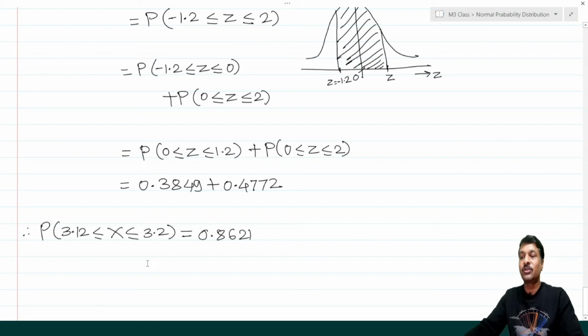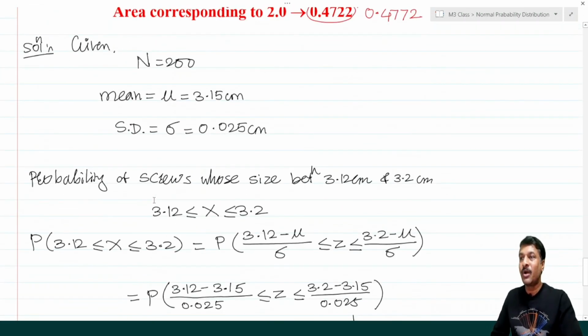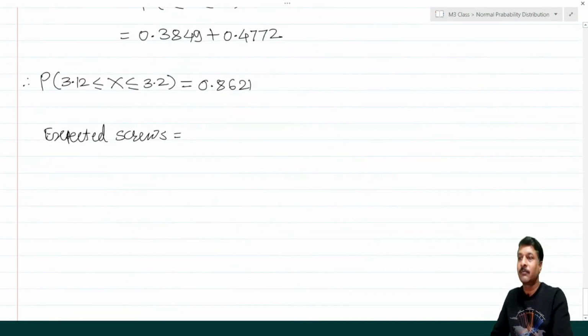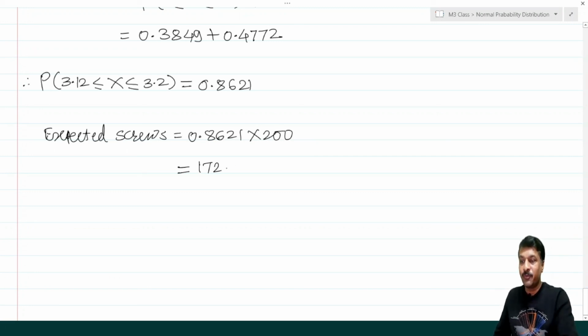So total number of screws here 200. So expected screws equal to 0.8621, that is the probability in between sizes 3.12 to 3.2, into 200. So I am getting the number 172.42. It means that approximately 172 screws expected, whose size between 3.12 to 3.2, which is your required answer.